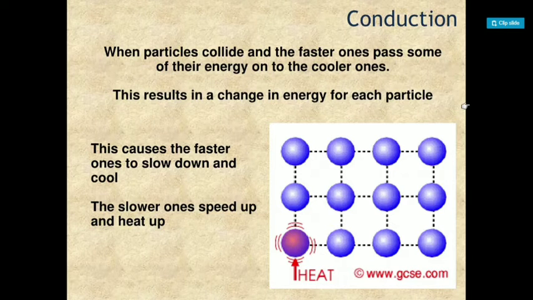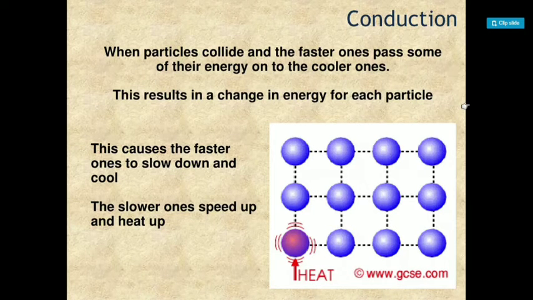So this causes the faster ones to slow down and cool. Once the energy of the hotter one has passed to the cooler one, the hotter one has less energy since it already gave an amount of its energy to the closest cool particle.